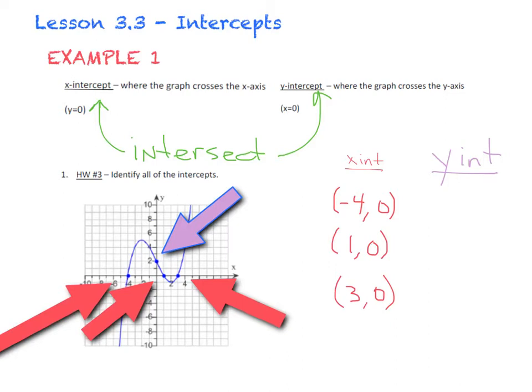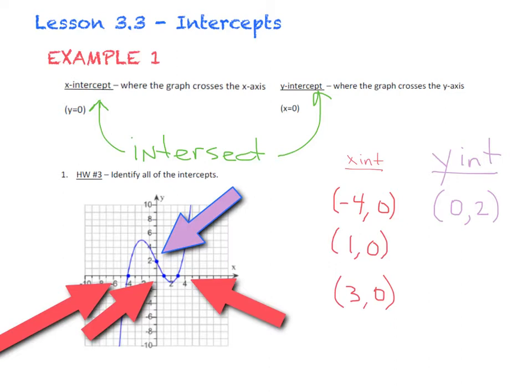So let's write this ordered pair down. That would be 0, 2. And though there's only one of these, I want you to notice that the x coordinate is 0, which will always be the case. Whenever you do this on your homework assignment, please make sure to write these as ordered pairs.